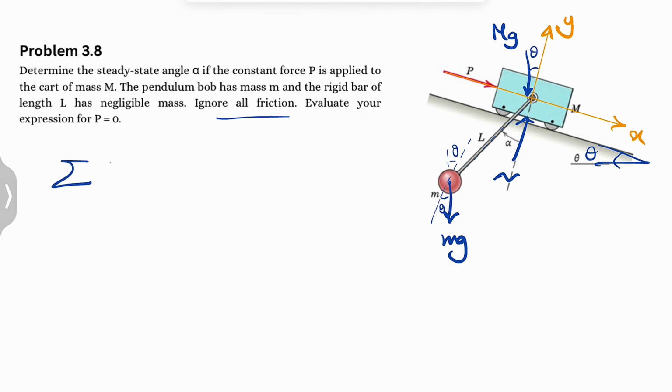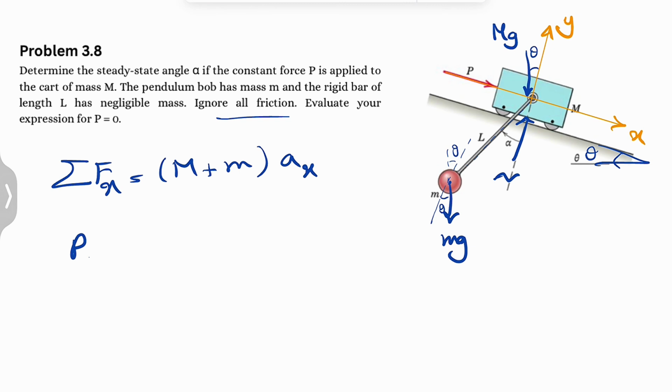So we can do sum of all forces in x equal to mass times acceleration. So the mass in here would be the mass of the entire system, which is the cart and the bob. And we can show our acceleration with ax. So let's see what we have for all the forces in x direction. So we have P, which is positive.